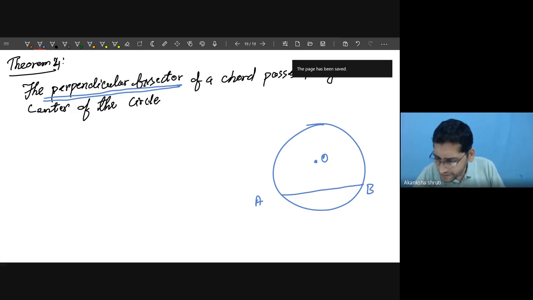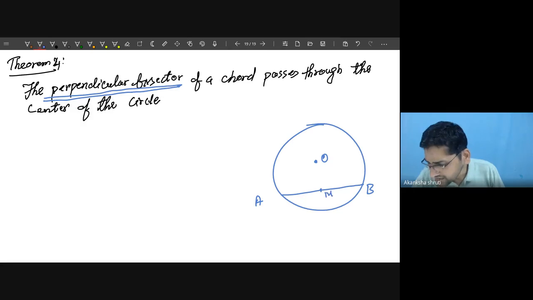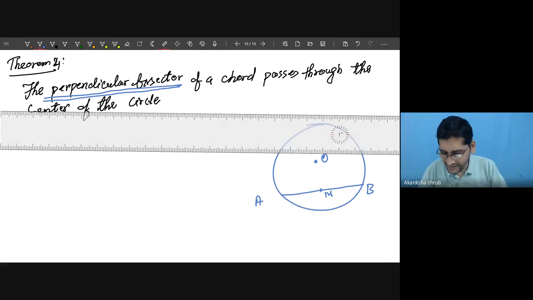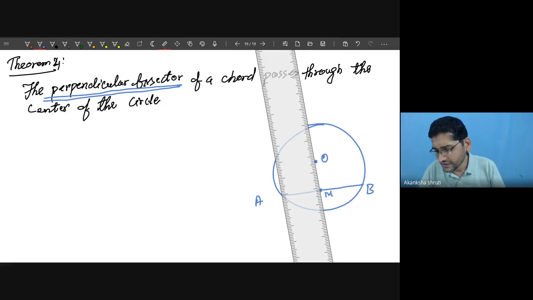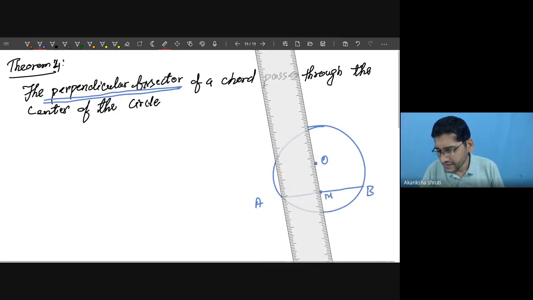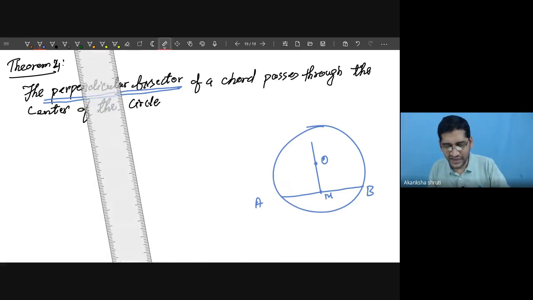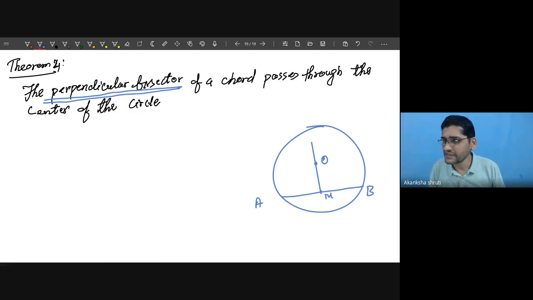So what is that perpendicular bisector? From the midpoint of this you take a scale and draw the perpendicular. Then we observe that it is passing through the center O. Okay, students? It is this one.